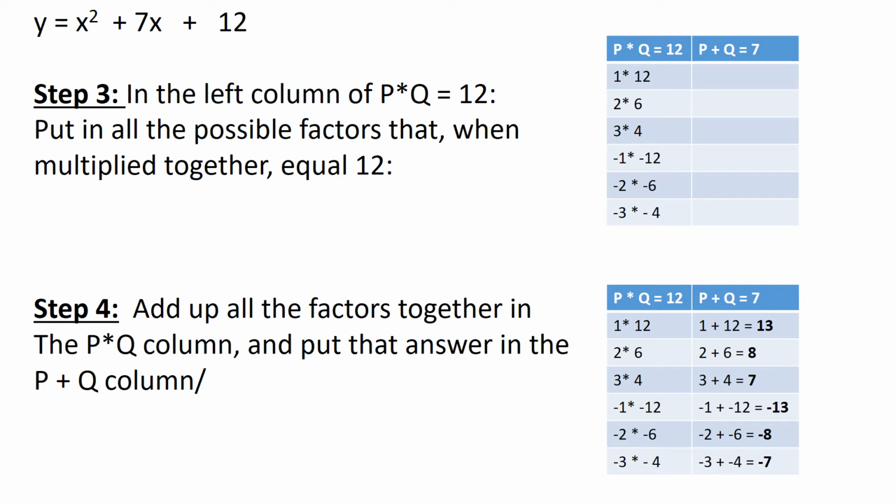1 times 12 equals 12. 2 times 6 equals 12. 3 times 4 equals 12. And then you can't forget, negative 1 times negative 12 equals 12, because negative times negative is a positive.